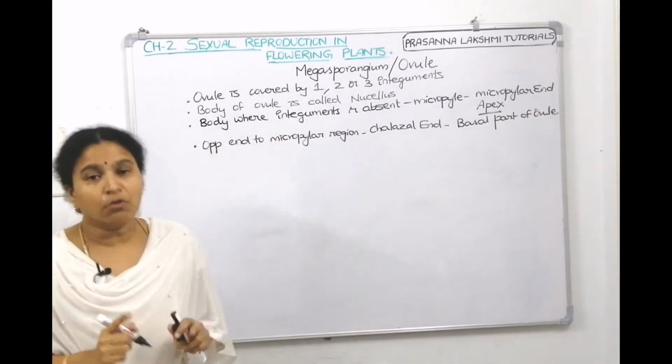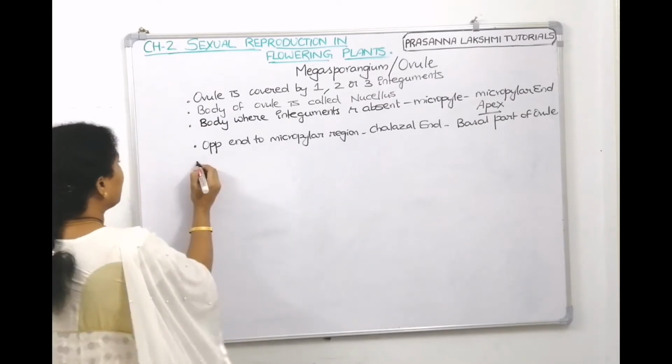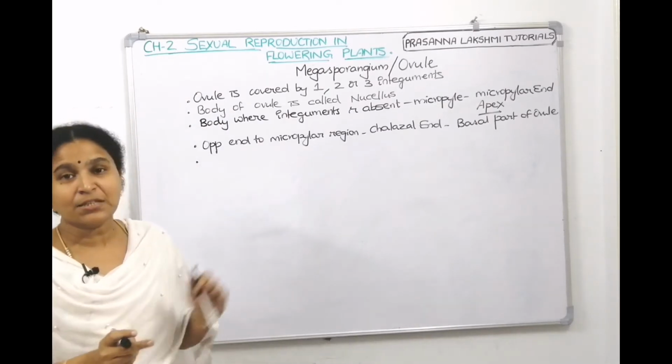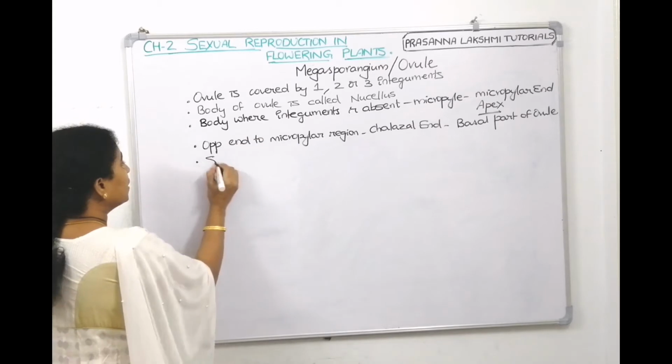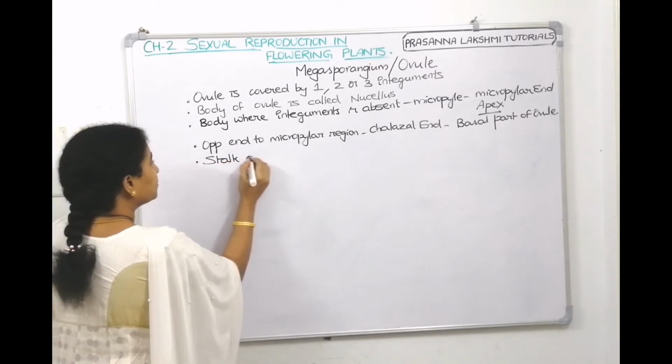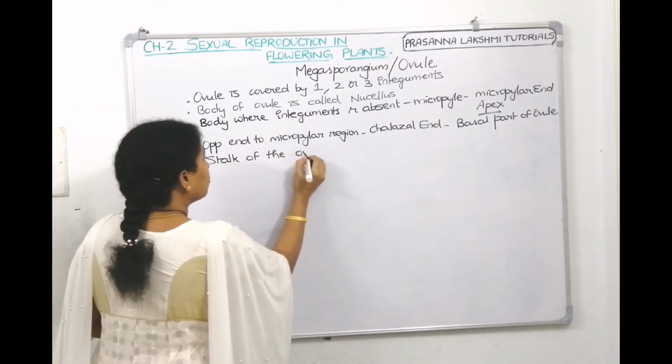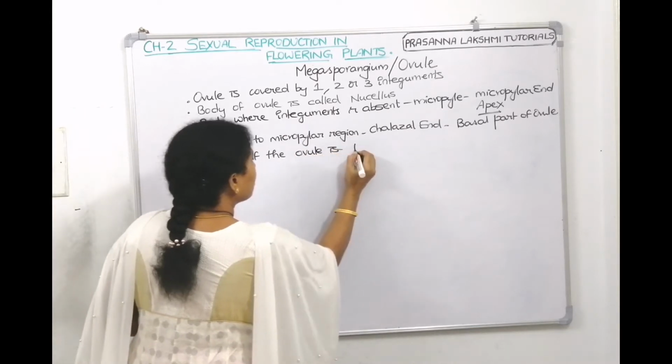The stalk of the ovule is called funicle. All this I explained in the previous class; we are just writing it down once.